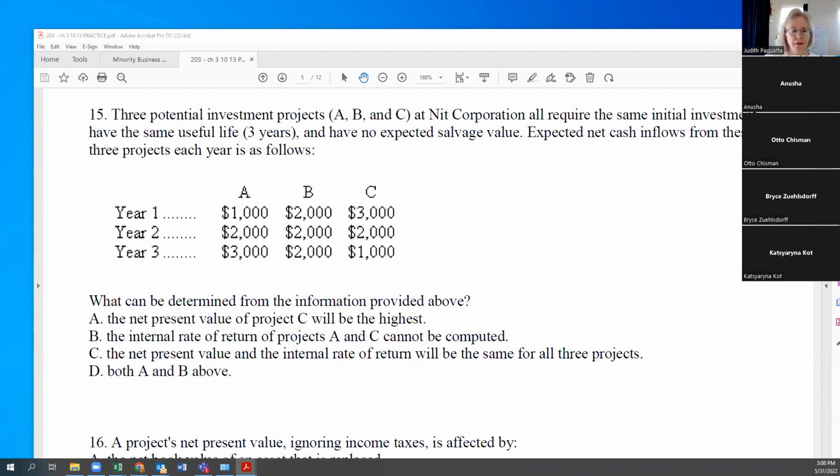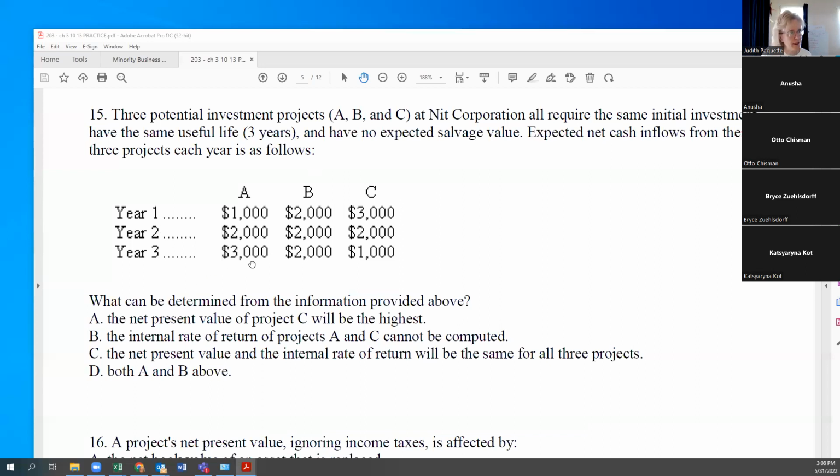It didn't flag me that there was chat. Yeah, no salvage. That's also another thing. All 6,000. But in year one, project C has half of the 6,000, 3,000. And we know that money now is worth more than money paid to us later because we have to take into account the interest. Year two, they all have the same.